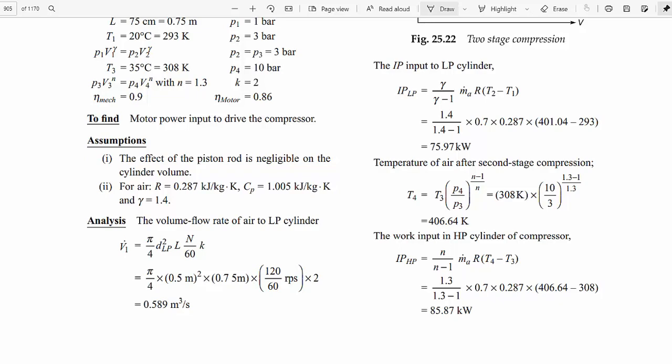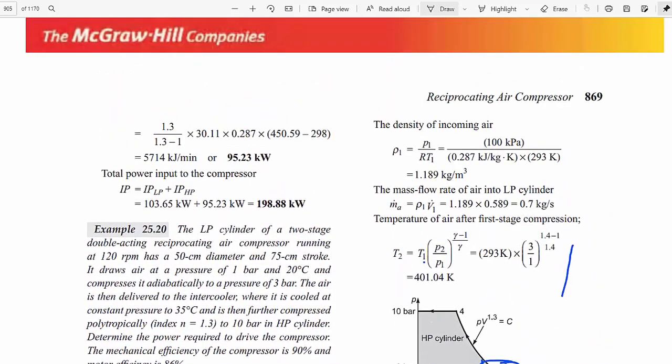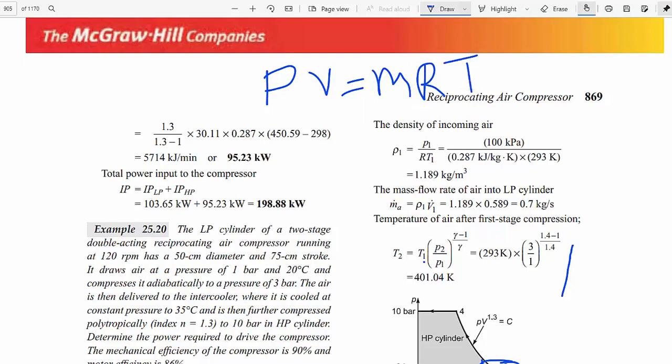Okay, then density. PV equal to mRT is a common formula that all of you studied in fluid mechanics.